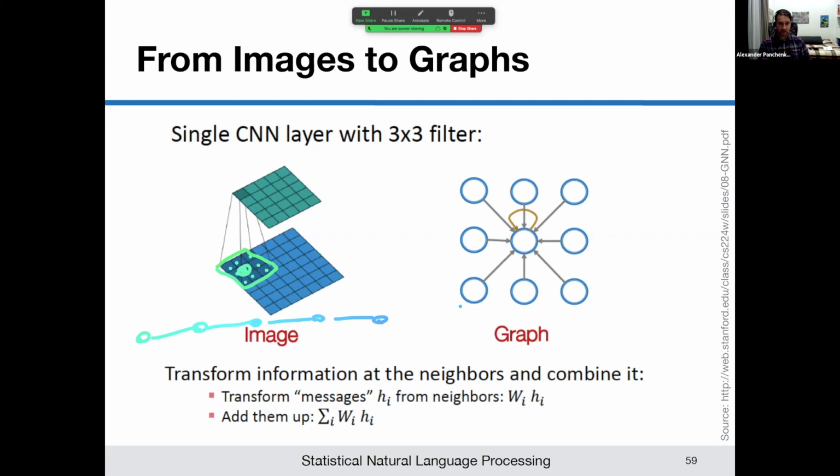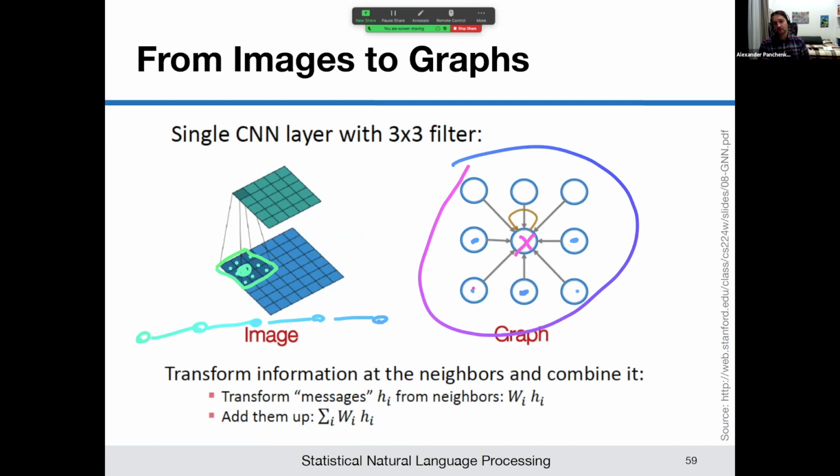The key observation is that you can also think of this graph as a filter, and information from the neighboring nodes can be used as features. You can average messages from the neighbors, this ego network, to get a representation of the target node.